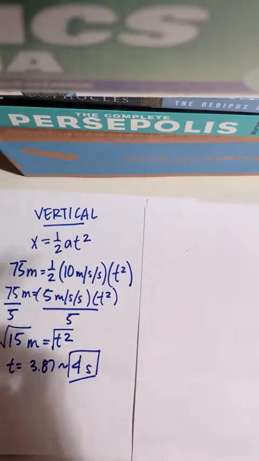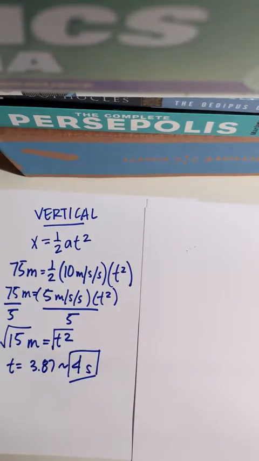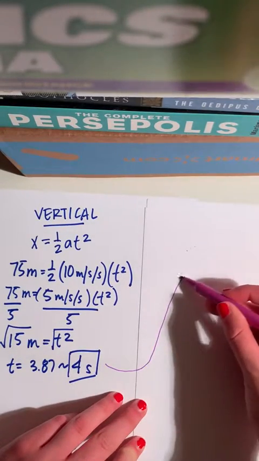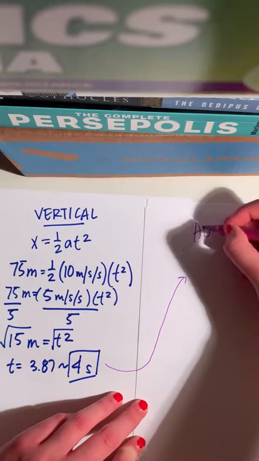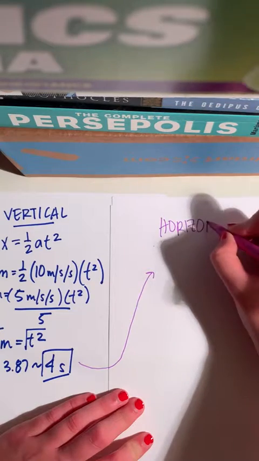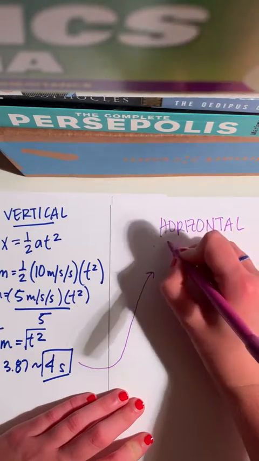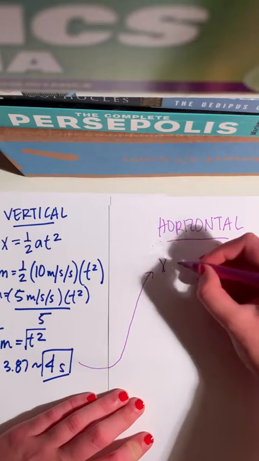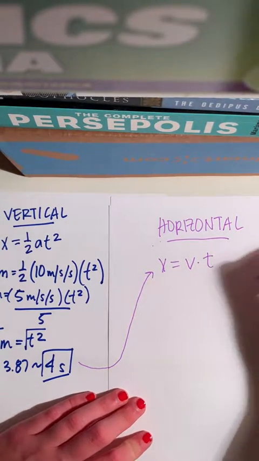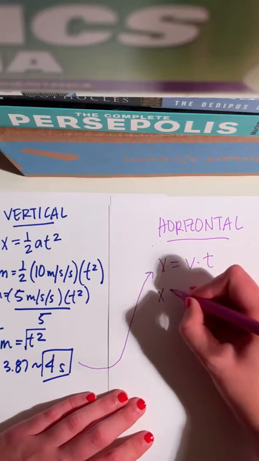into the horizontal equation. I'll use a different color for this one. So this 4 seconds can be plugged into this equation in the horizontal: X equals V times T. X is what we're looking for. We don't know what X is.